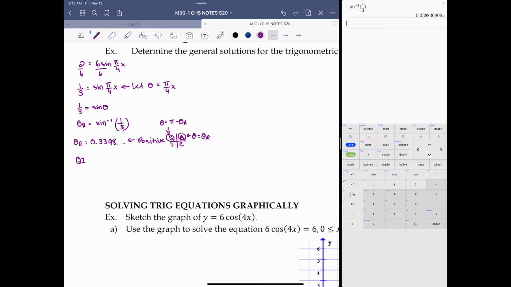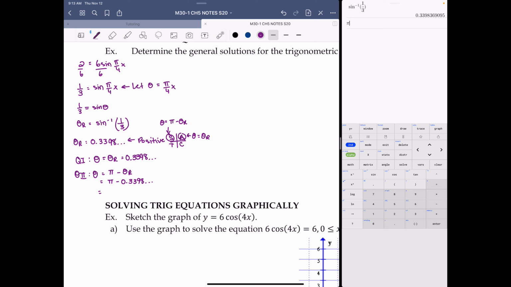Quadrant 1, theta equals theta r, which is 0.3398... And in quadrant 2, theta equals pi minus theta r, the reference angle, which is pi minus 0.3398... And we can calculate that.